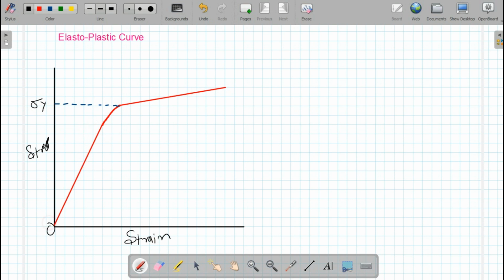Okay, let's say I started with 0, 0. Now this is your linear curve, or we call it the Young's modulus, right?